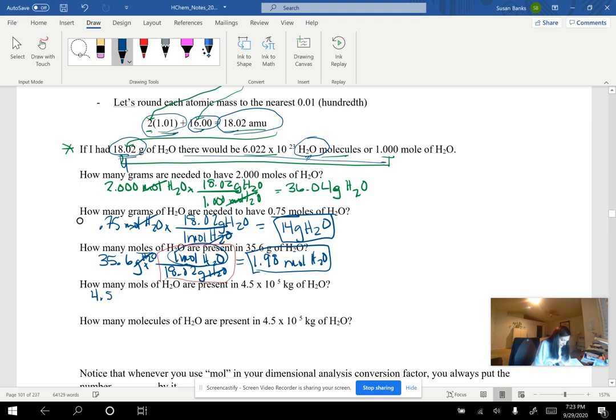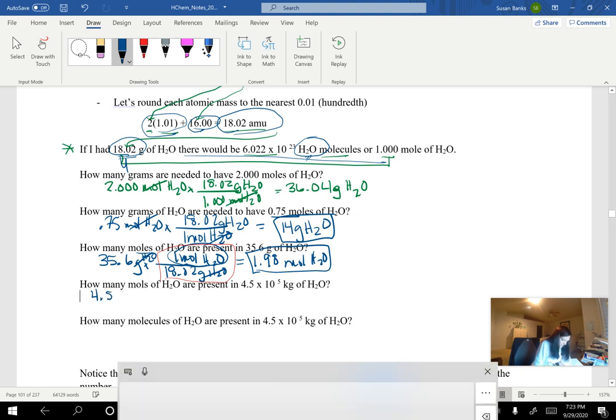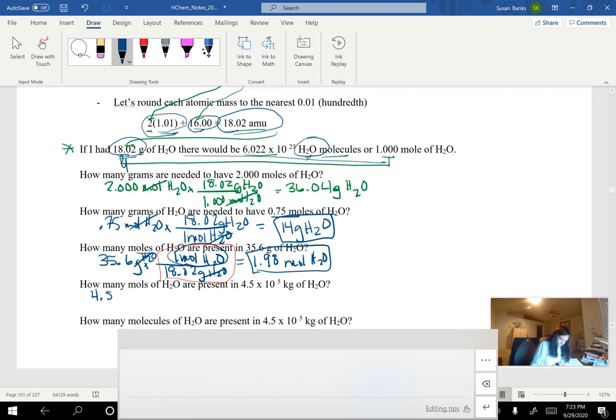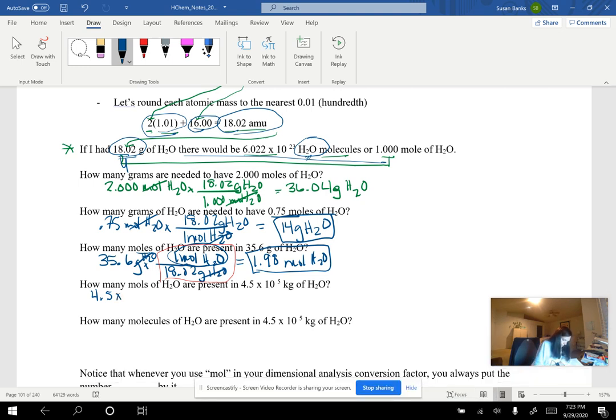So 4.5 times 10 to the 5th kilograms of water. I should put water here. In 1 kilogram of water, I have 1,000 grams of water. Okay, so my kilograms of water cancel out. I now have grams of water.